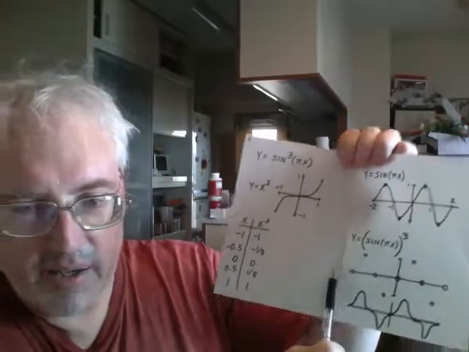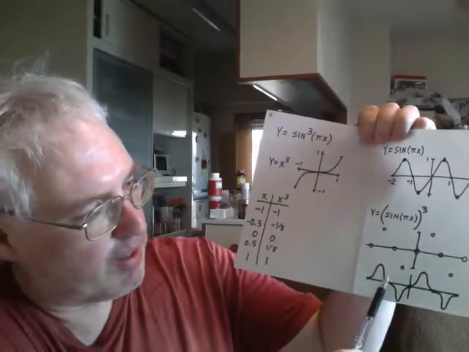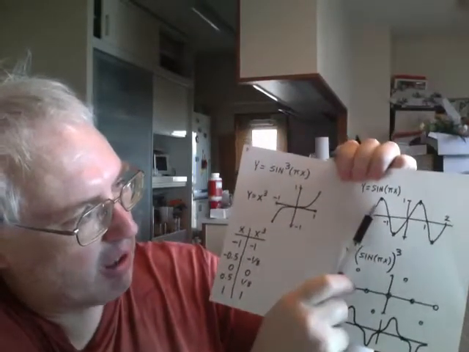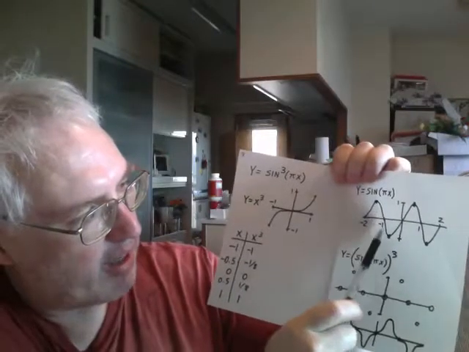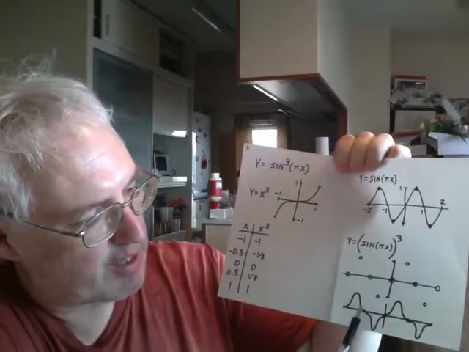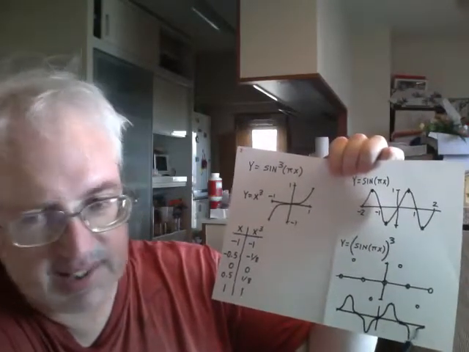After cubing it, it will level out momentarily. So the net effect of cubing the sine function is to make all of the peaks and all of the valleys narrower, and also have this momentary stopping each time it crosses the axis.